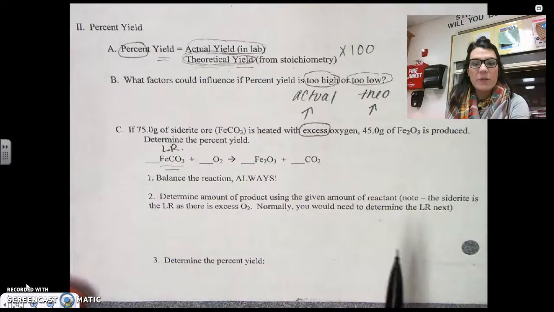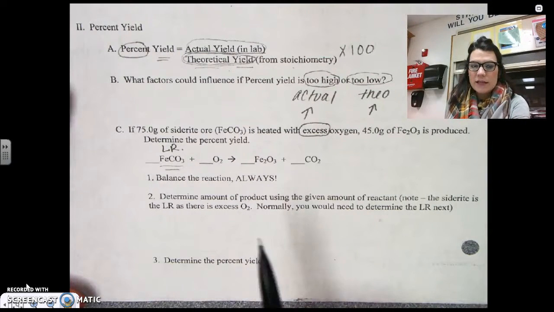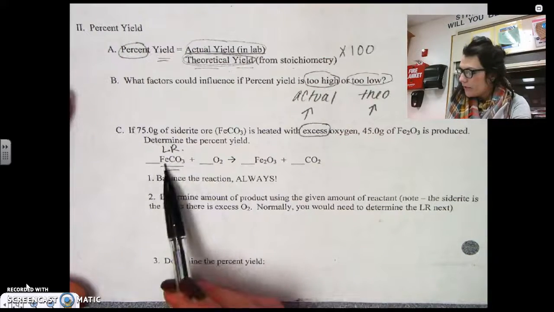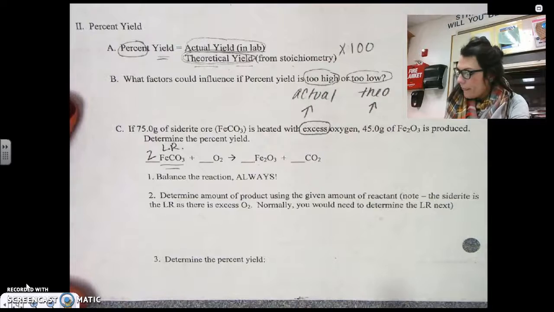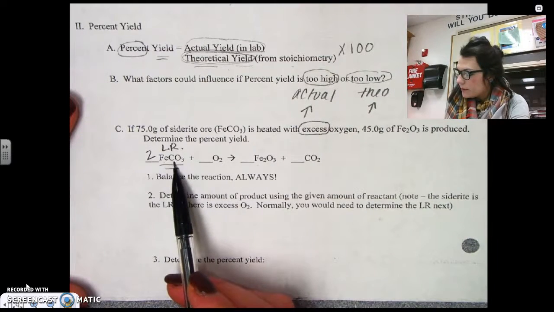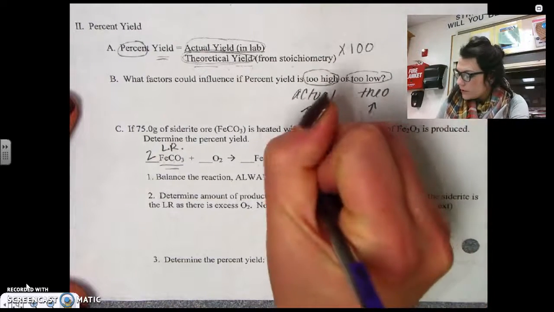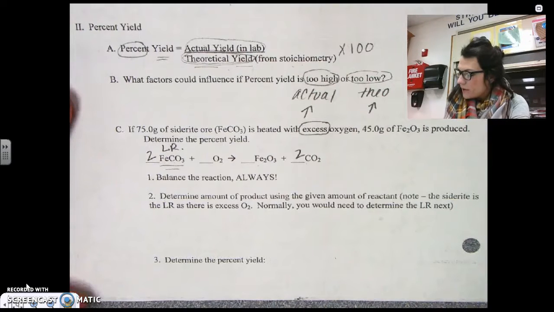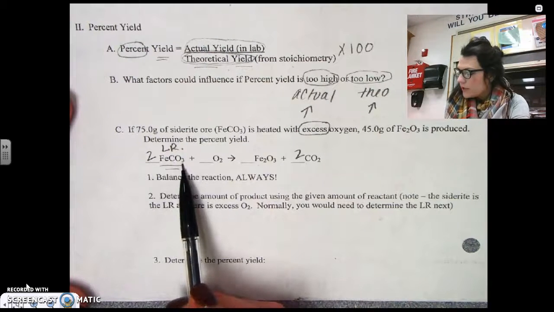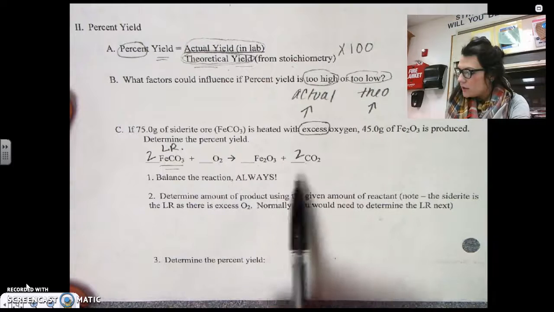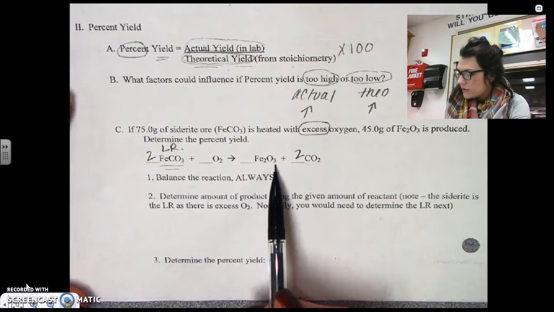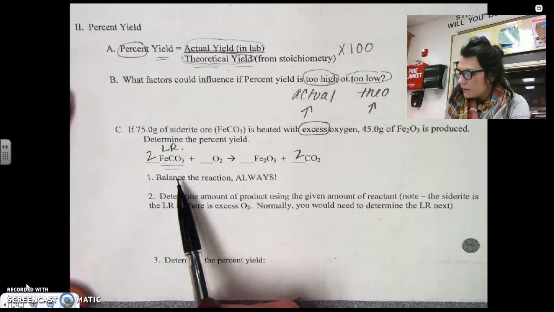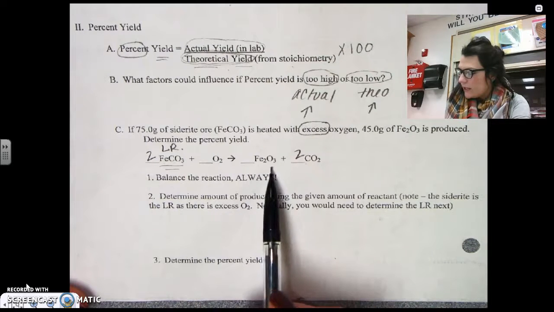Okay, so the first thing that we're going to have to do is balance the chemical reaction. I have 1 iron, 2 there, so I'm going to put a 2 there. Let's see here, 2 carbons, 1 carbon, so I'm going to need to put a 2 here. And then oxygen's last, so 2 times 3 is 6, plus 2 is 8. So I need to get an even number here.